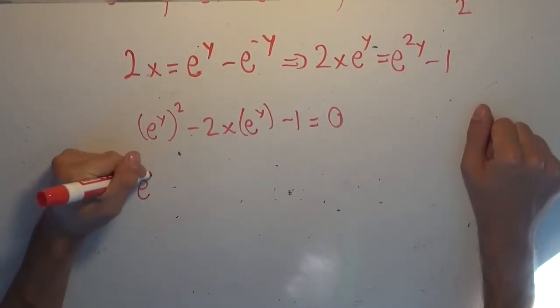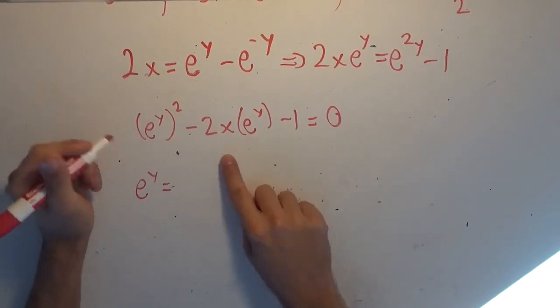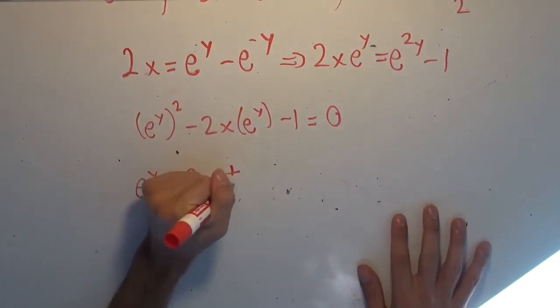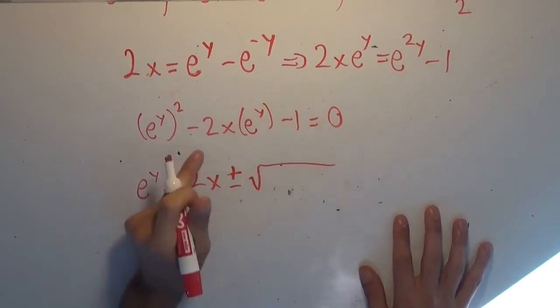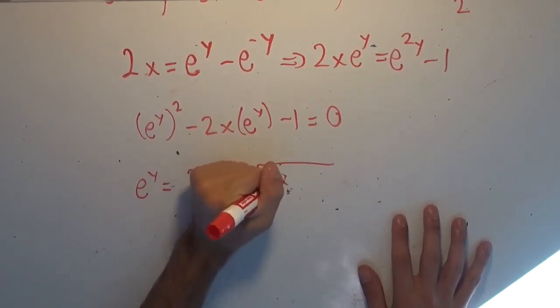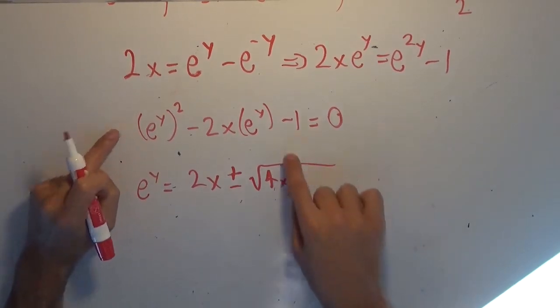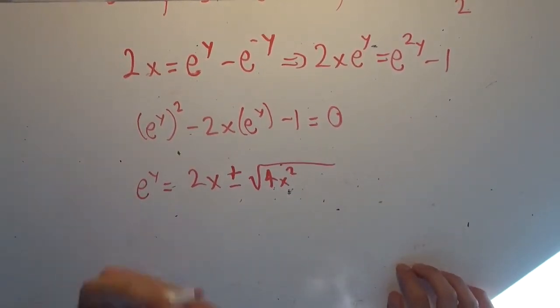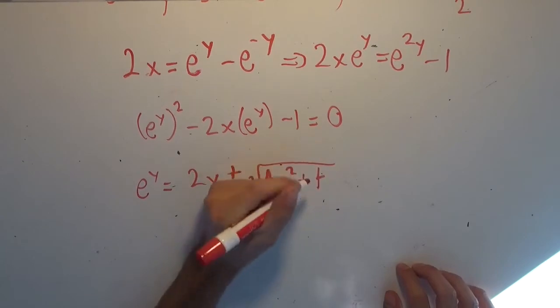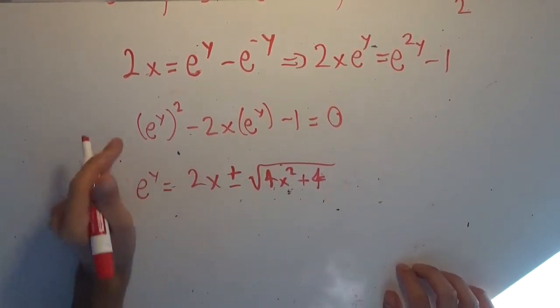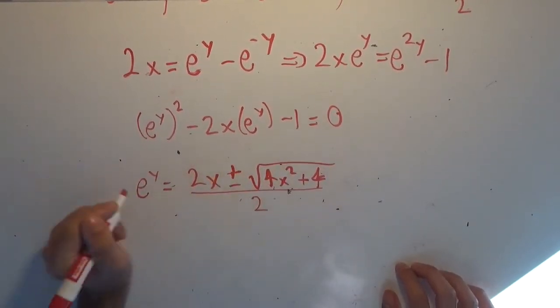So we know that e to the y will be equal to negative b, or positive 2x, plus or minus the square root of 2x squared, which is 4x squared, minus 4 times a times c. So 4 times 1 times negative 1. So minus negative 4, so plus 4, all over 2a, and a is 1, so we divide by 2.